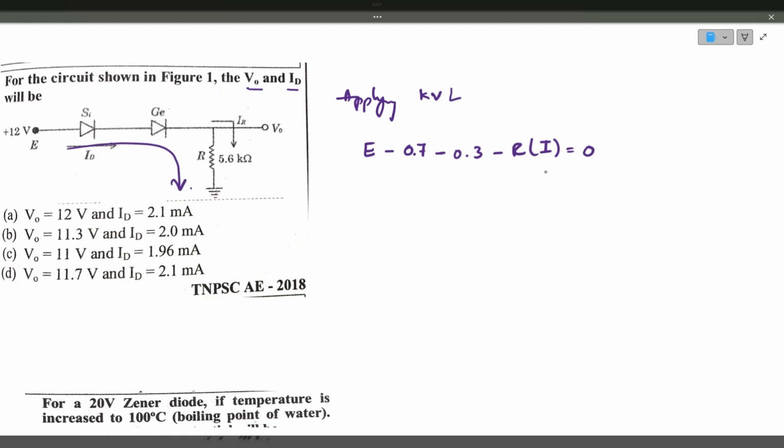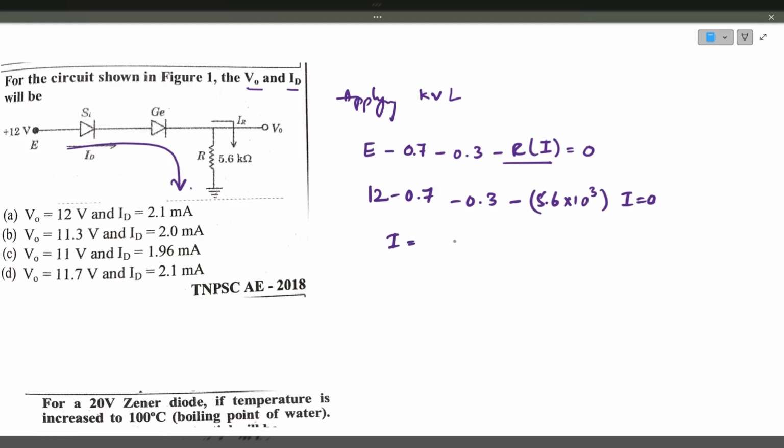Here IR is nothing but the output voltage. So input voltage 12 minus 0.7 minus 0.3 minus the resistance 5.6 into 10 to the power of 3 multiplied by I is equal to 0.